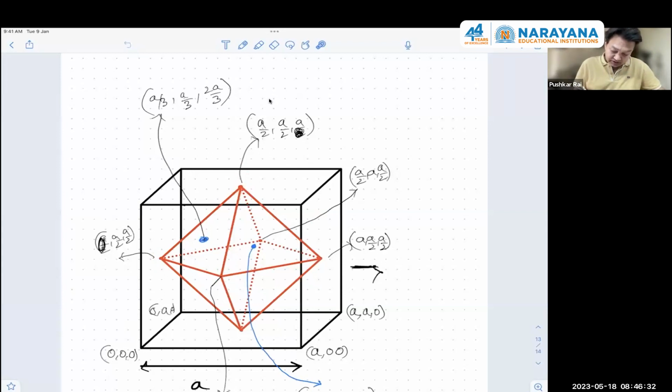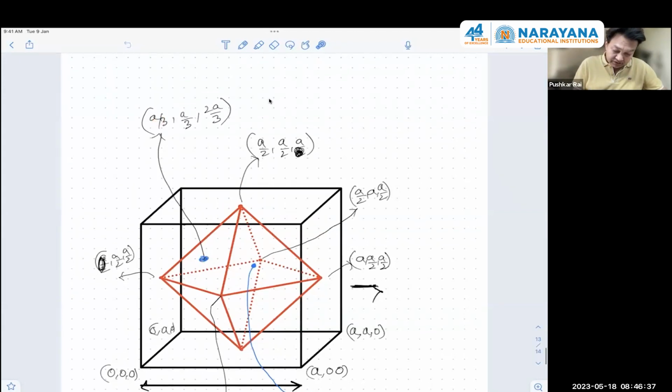So quickly get the coordinates of this, and it comes out to be A by 3, A by 3, A by 3. And get the coordinates of this, which is A by 2, A, and A by 2. Get the distance between these two, and you get the edge length of the cube. And then try the problem. Understood?